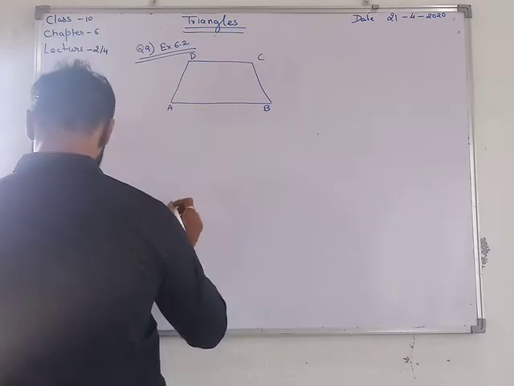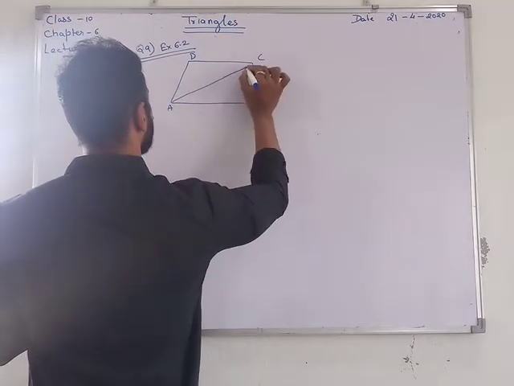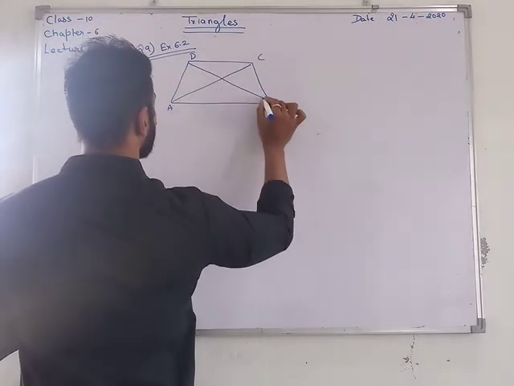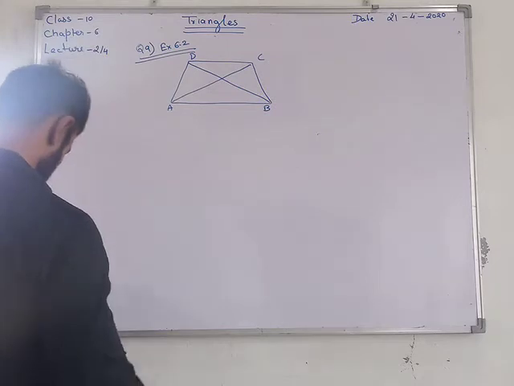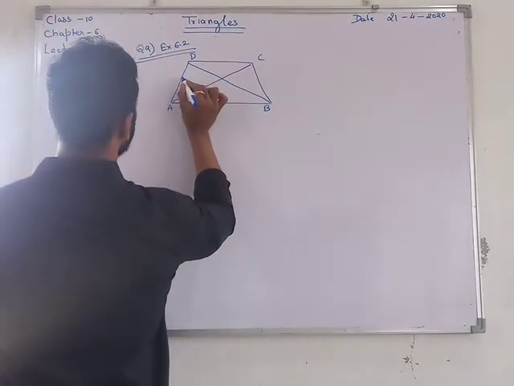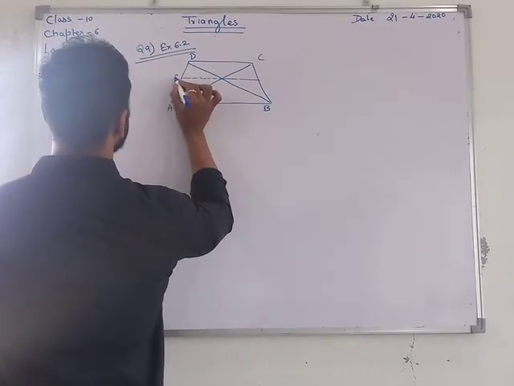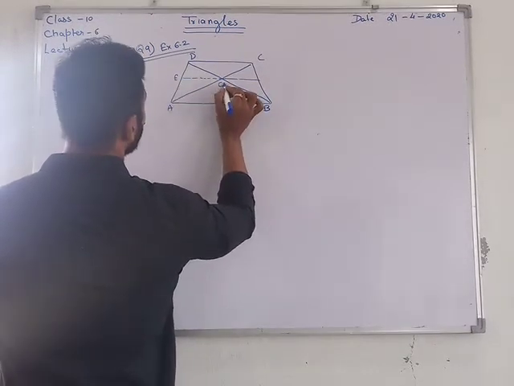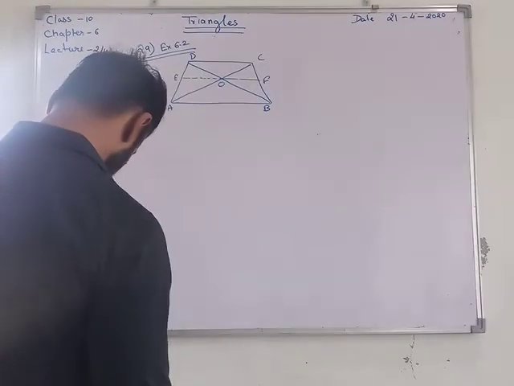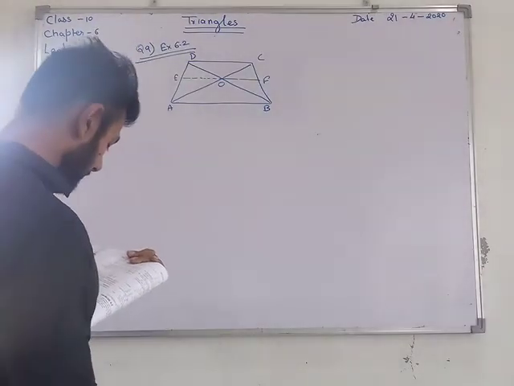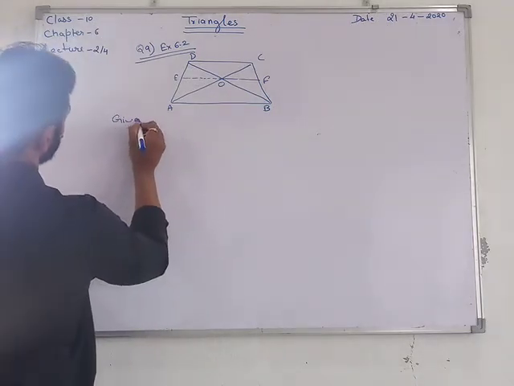We are joining this D and B, the diagonals. Construction is done. E, O, F. We are given with the trapezium ABCD. We are writing the given over here.